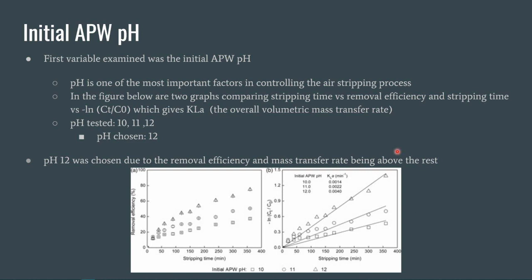The legend located here at the bottom shows the initial pHs of 10 as a square, 11 as a circle, and 12 as a triangle. From these experiments, it shows the optimal pH of 12 has the best removal efficiency.